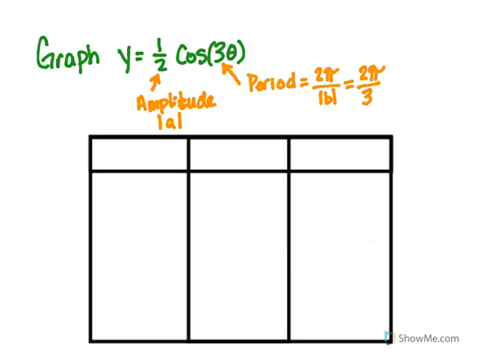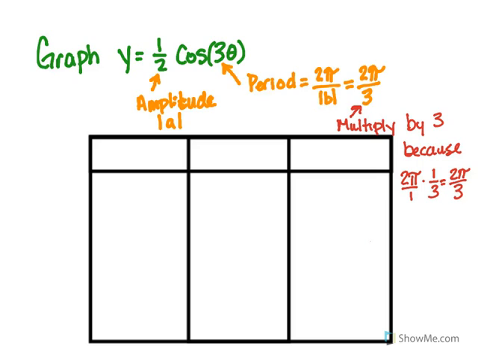Okay, so we said that our period is multiplied by 1/3 or divided by 3. So when we do our period for our new function, we're going to have to multiply by 1/3 because 2 pi times 1/3, which is the same thing as 2 pi over 1 times 1/3, equals 2 pi over 3.